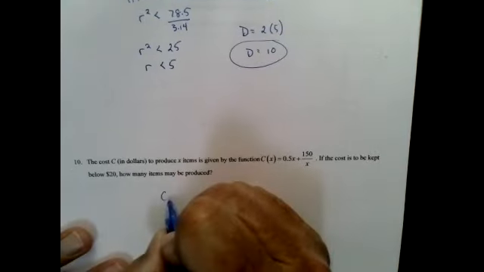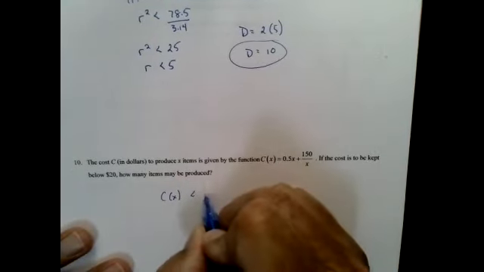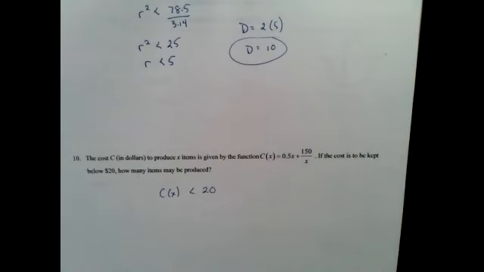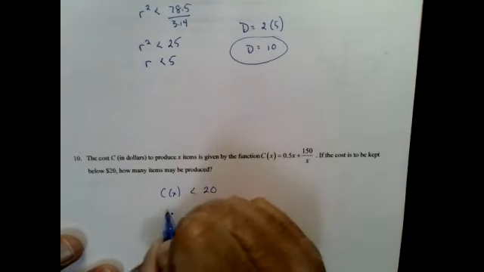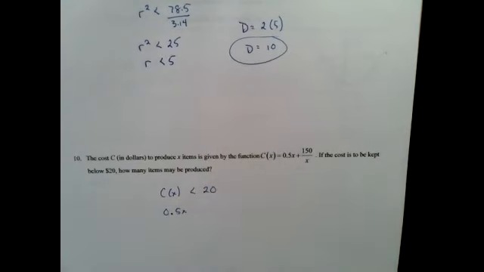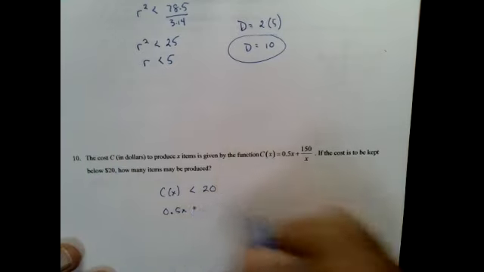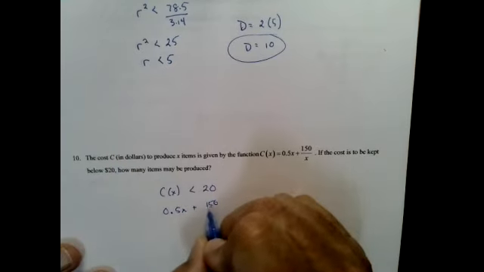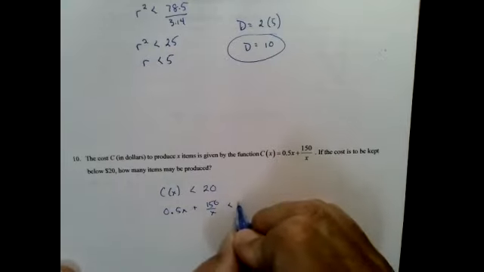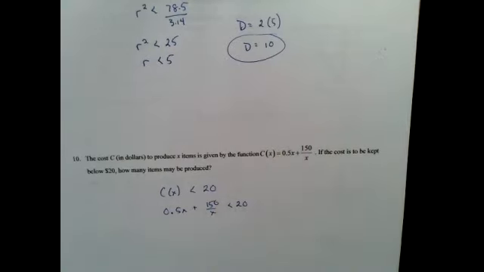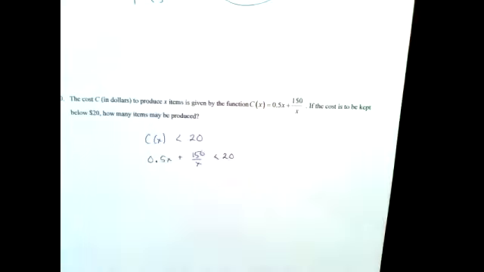So my cost function is this, and I want that less than $20. 0.5x plus 150 over x has to be less than 20. I am solving for x.